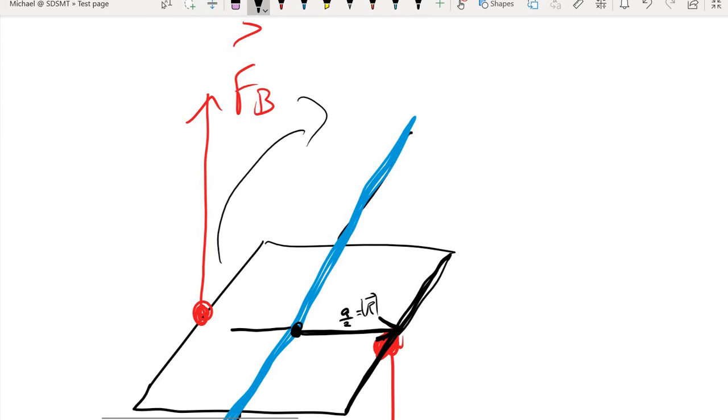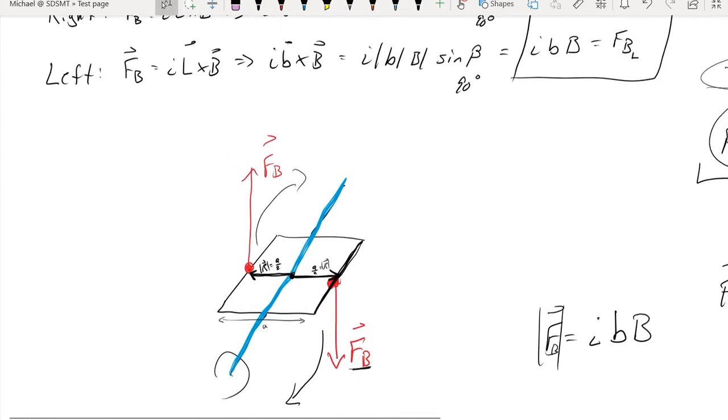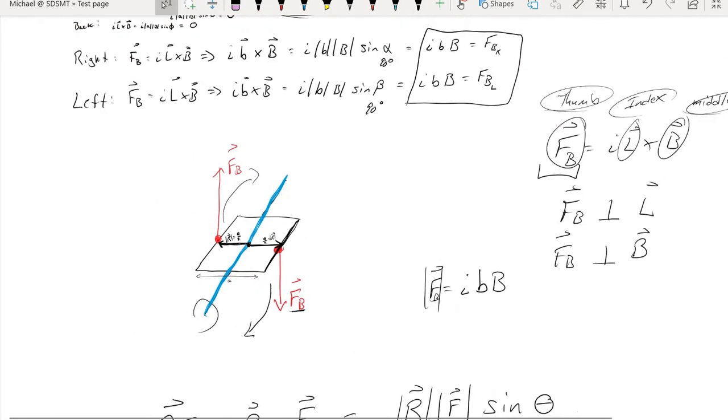Well, that other force is also being applied at a distance of A/2. It's just got a radial vector that's pointing in the other direction. But that's okay. It doesn't really matter what direction the radial vectors point.